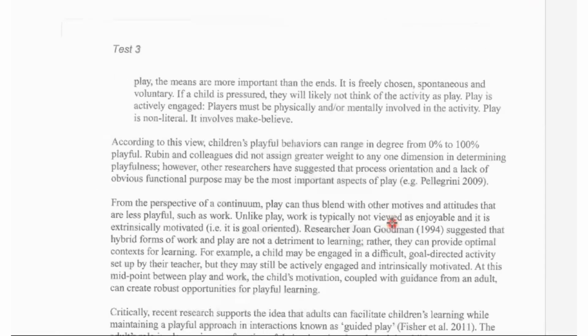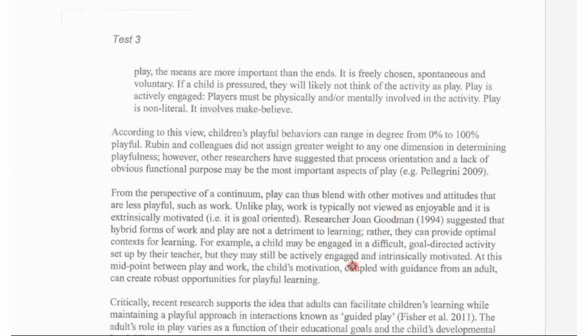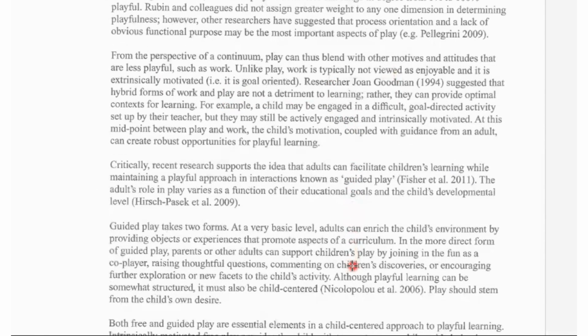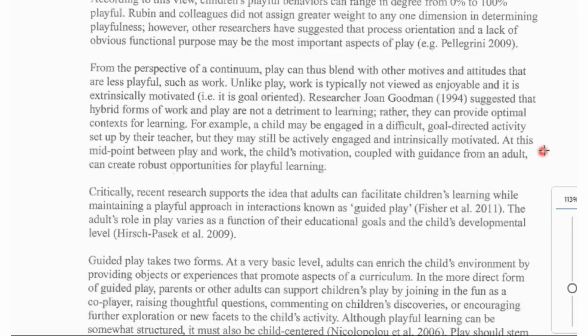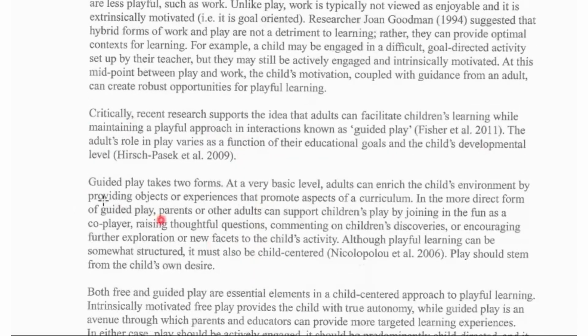Hold on. So this is guided play here. Guided play takes two forms. At the very basic level, can you see paraphrasing here? Very basic level is a paraphrase for what? Simplest form.